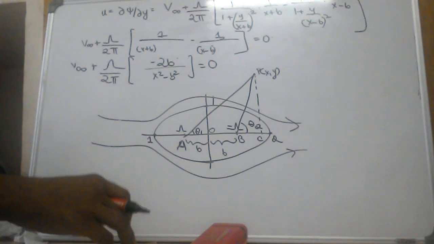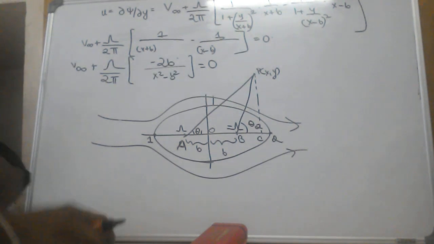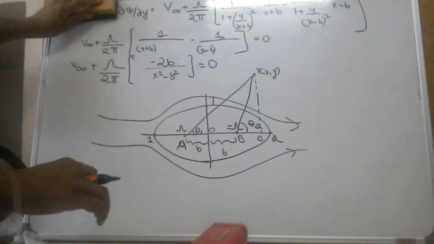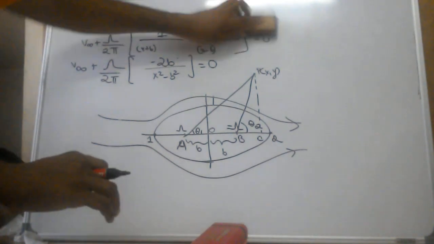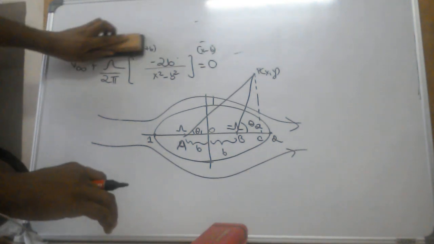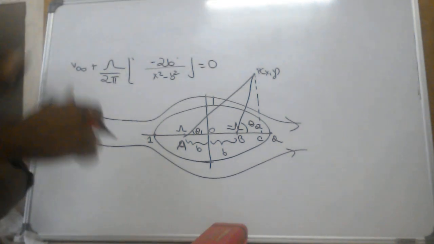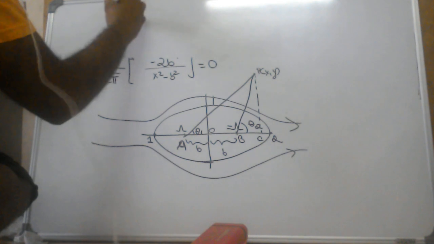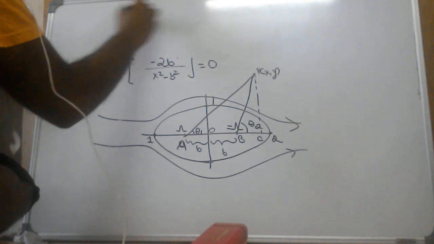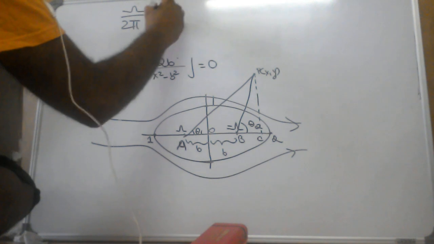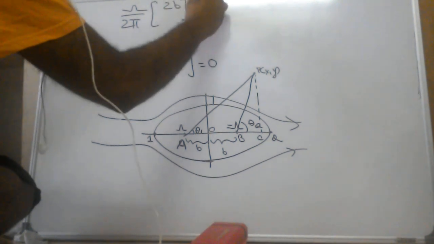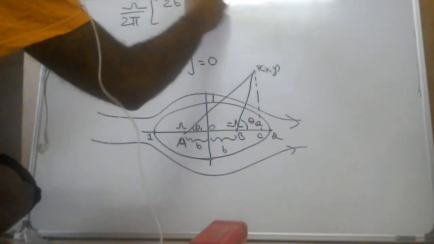Now I would take this term to the right hand side, so let me just erase this off. So I would get (λ/2π) into 2b is equal to (x²−b²) into V∞.